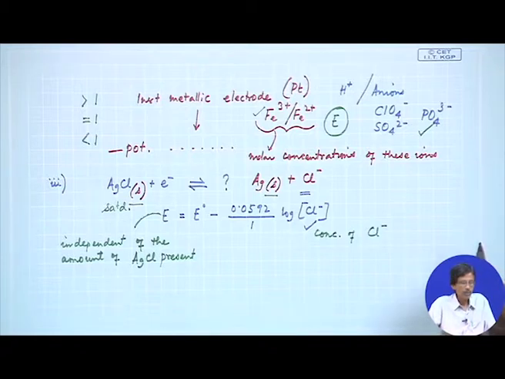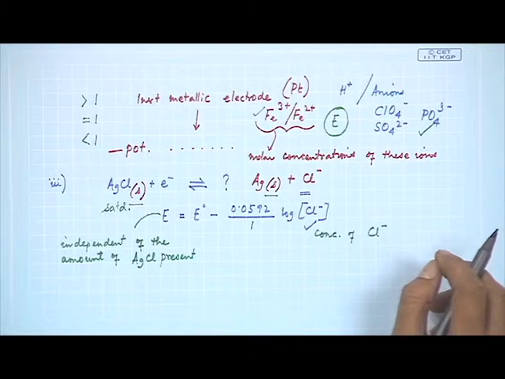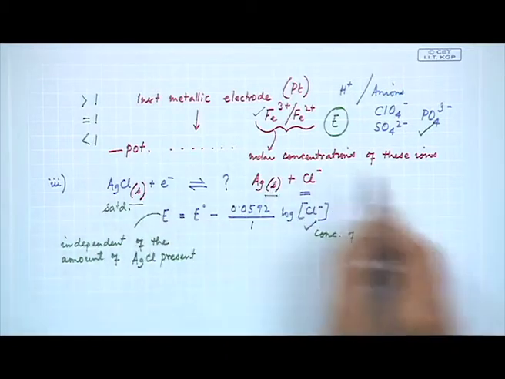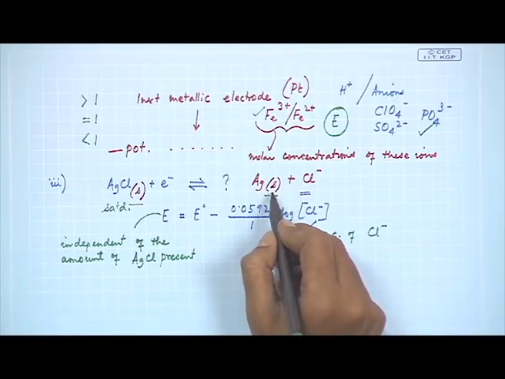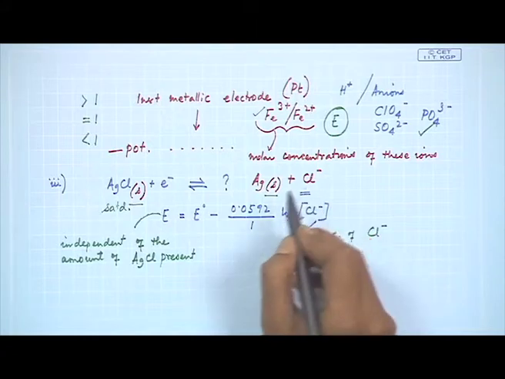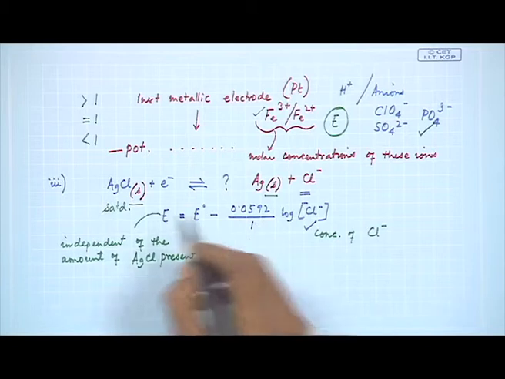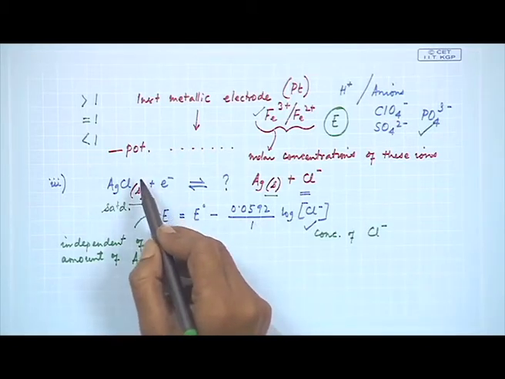So, this will give rise to the corresponding information. If we can develop the standard electrode using this situation, we also see the reverse reaction: the metallic silver reacting with the chloride, whether it can happen or not, we will also see. At the same time, we get the values for the solubility product.